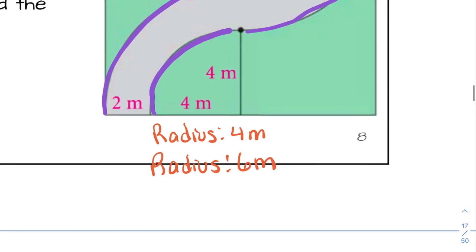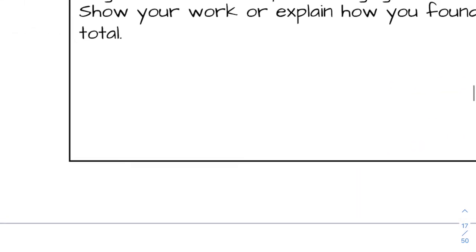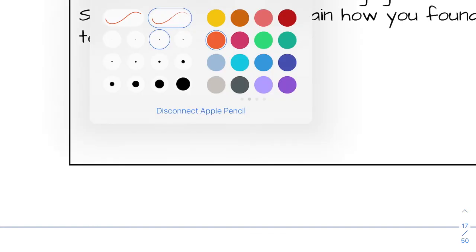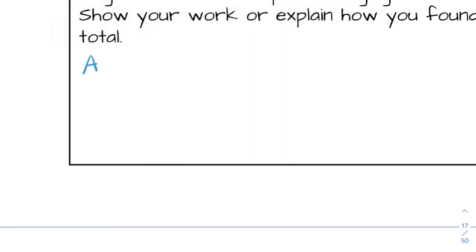I also have a semicircle that is 180 degrees. I think that's the information I'd like to use for both of them. So my arc length of my first one, my inner circle, arc length is theta over 360 times 2 pi r.